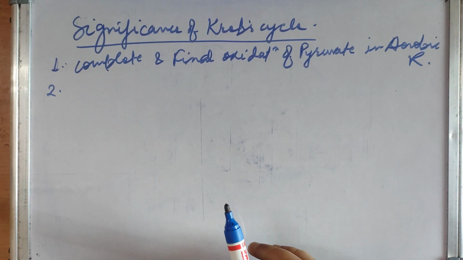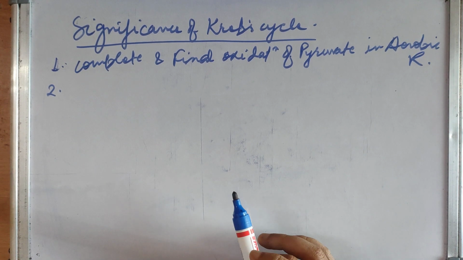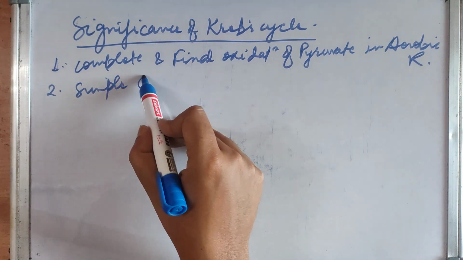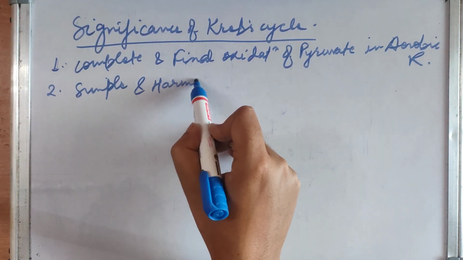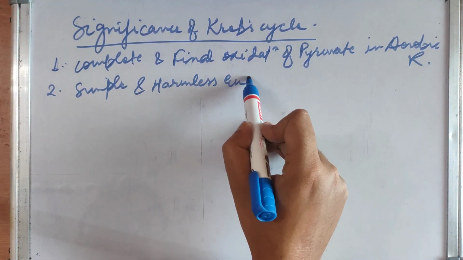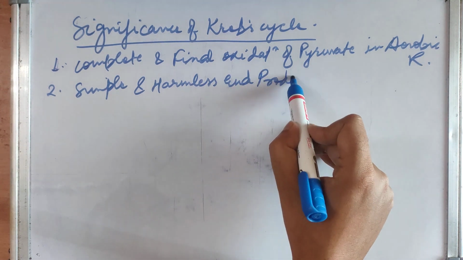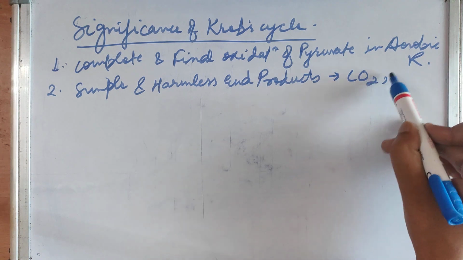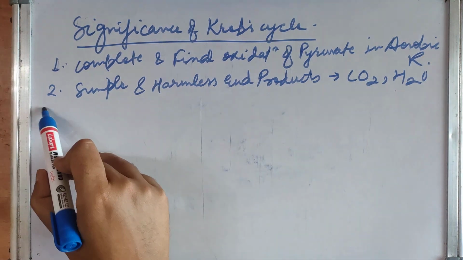Secondly, it produces simple and harmless end products, such as CO2 and H2O. So these are simple and harmless end products.